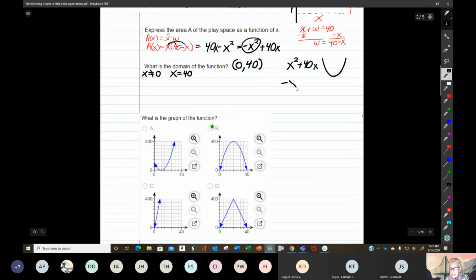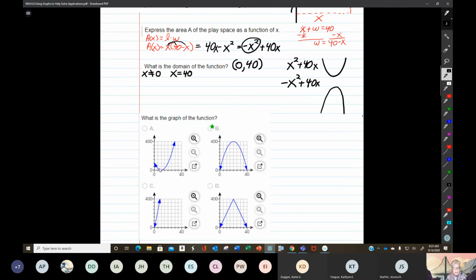But negative x squared plus 40x is going to look like that. We're going to be doing something called transformations after the exam, and a negative in front of the leading term causes it to be flipped upside down. And that's an always thing.